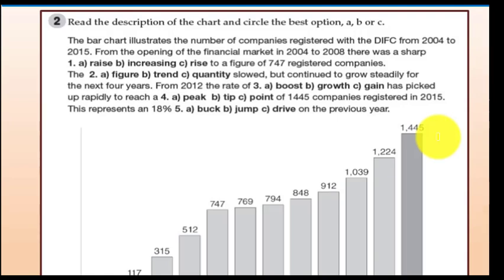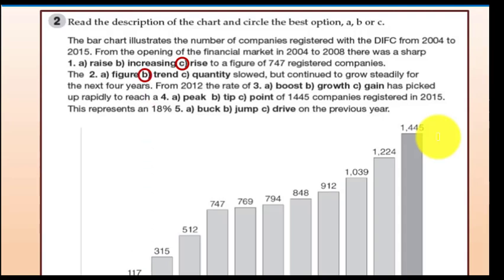Okay, let's now do the task together. I'm going to read the description for you, and then we will choose the answers. The bar chart illustrates the number of companies registered with the DIFC, right, which stands for Dubai International Financial Center. From 2004 to 2015, from the opening of the financial market in 2004 to 2008, there was a sharp, the answer here is rise, to a figure of 747 registered companies.